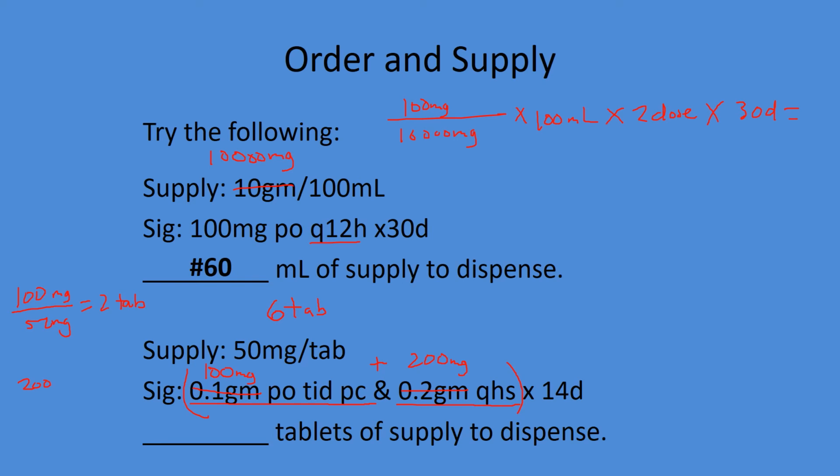So 200 milligrams over 50, that's going to be 4 tabs. So this nighttime, you'll need an extra 4 tabs. So in the entire day, you'll need 10 tablets for 14 days. And that should come out to 140.